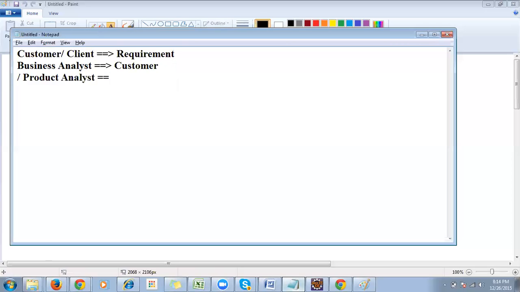The product analyst will be collecting the requirement from the product owner. Who is the product owner? That is the person who is responsible for the product growth. Product means an application. That's called a product.